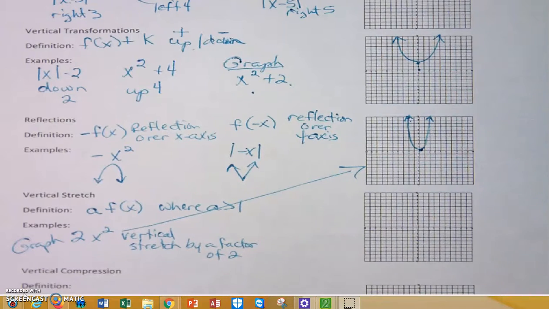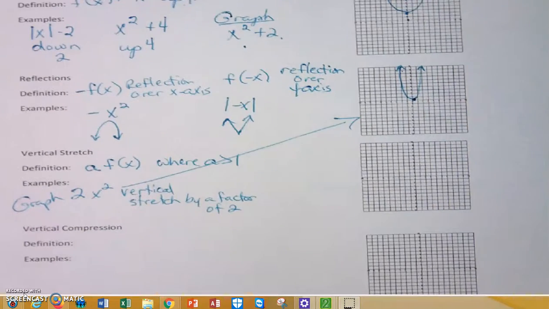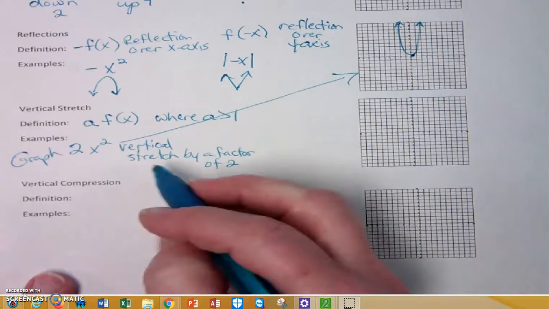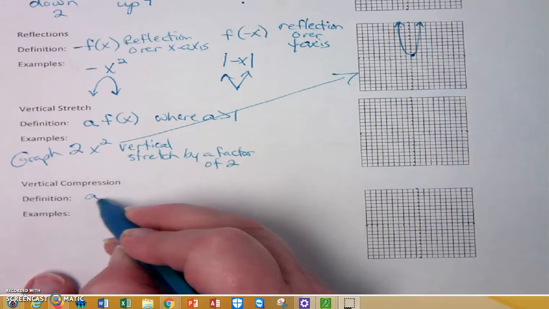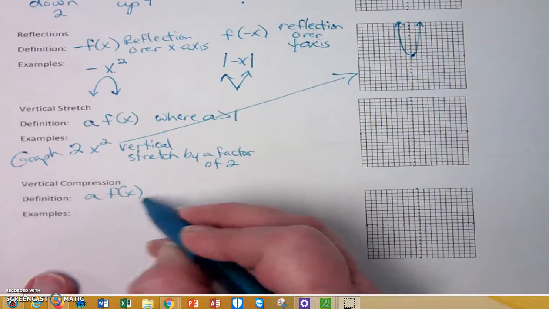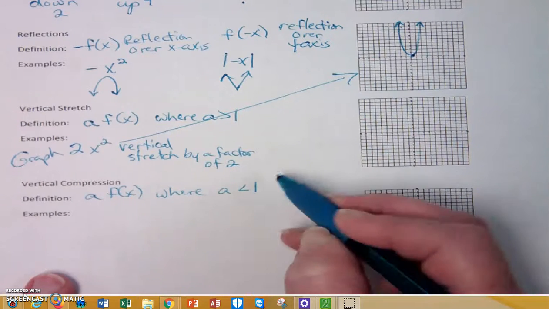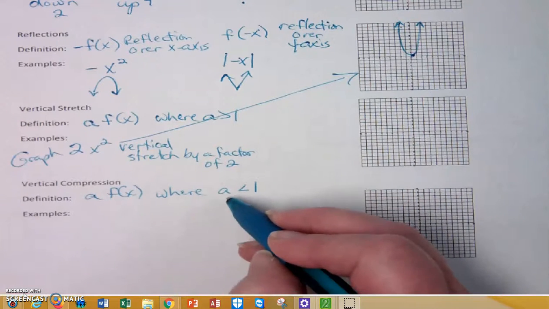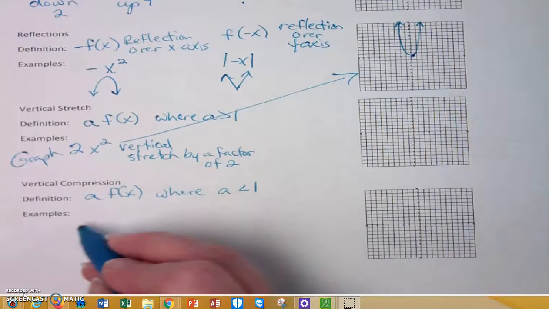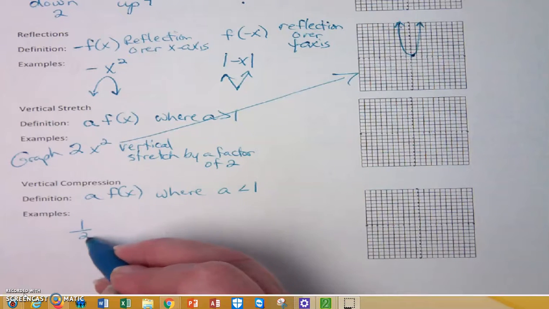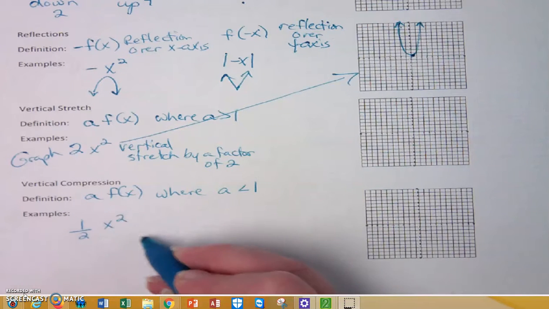But if I have a vertical compression, so if I have A times f of x, where A is less than 1, then say for example 1/2 times x squared.